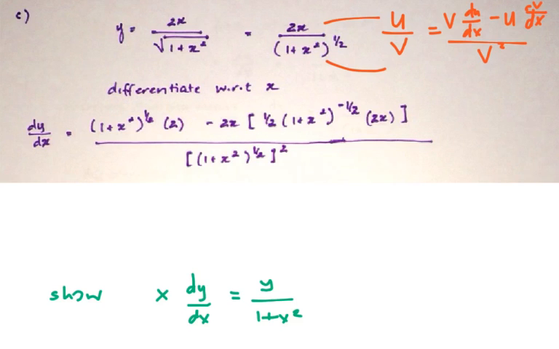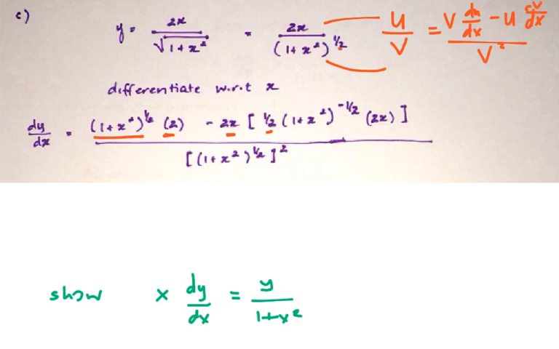So our v is going to be (1 + x²)^(1/2), times du/dx, which is the differential of 2x, which is 2, minus u, our u is 2x, times the differential of our denominator. The power of 1/2 comes down to be a coefficient.